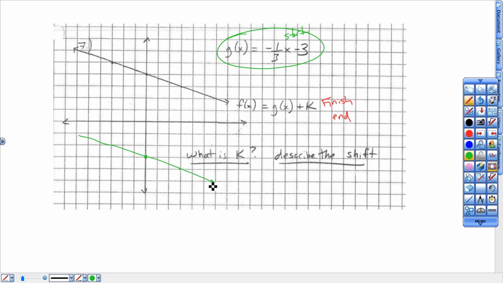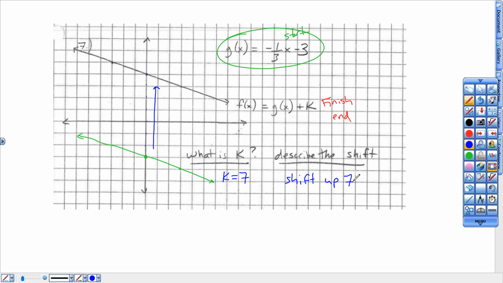And I can see if it's starting there, this one is clearly shifting up. How many boxes? 1, 2, 3, 4, 5, 6, 7. Looks like K is 7. The shift is up 7 to get the new line, starting way down there at -3, shifting up 7 boxes.